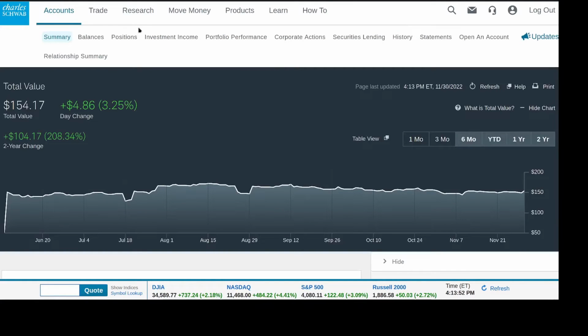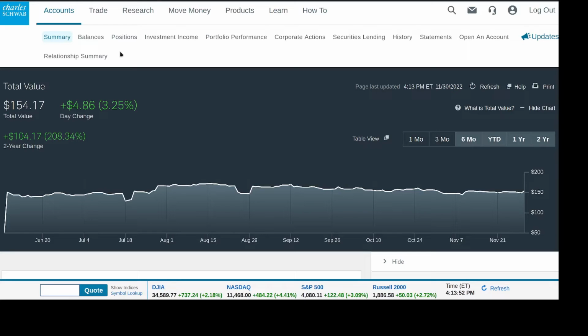I think it's my favorite out of the 3 as far as the interface goes, the layout, the speed. I think it's the top. The one thing I don't like about Schwab is that they pay for the order flow, and Fidelity and Vanguard don't.